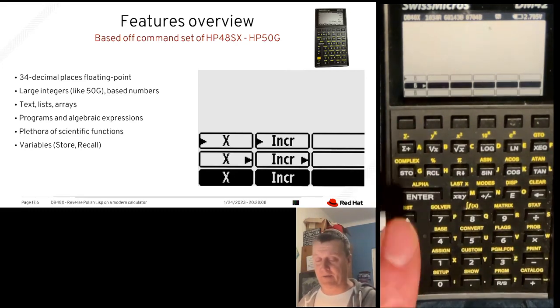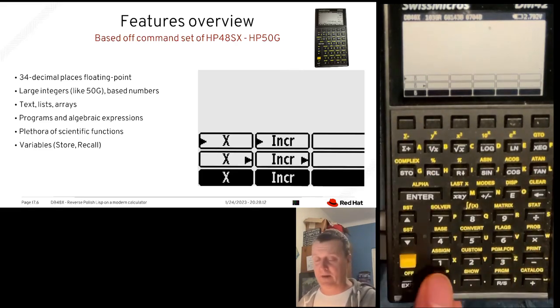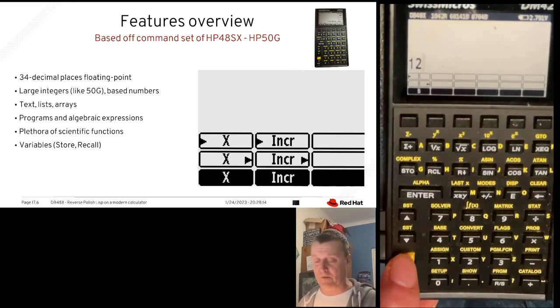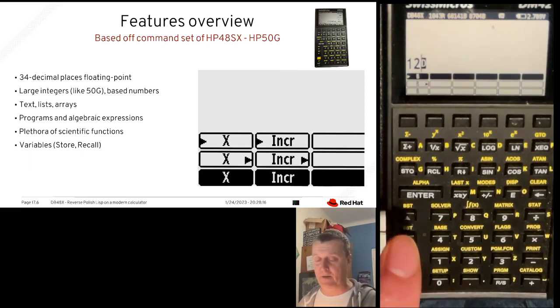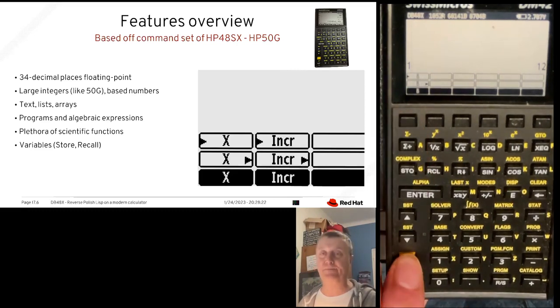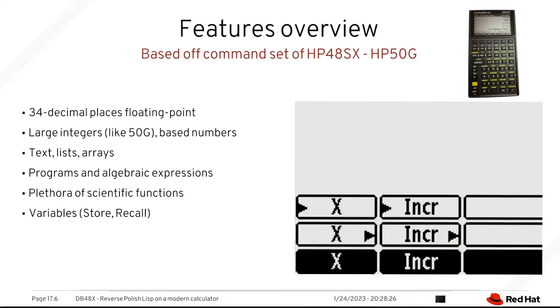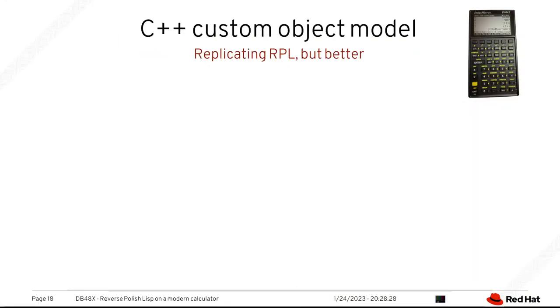If I shift B, I recall the value. And if I want to store something else in B, I will shift twice, hit that key, and now B is 12. So as you can see, the system works already at that level.